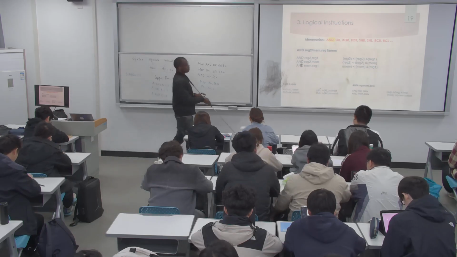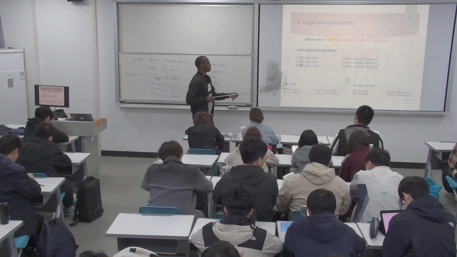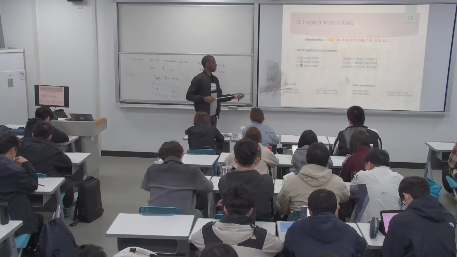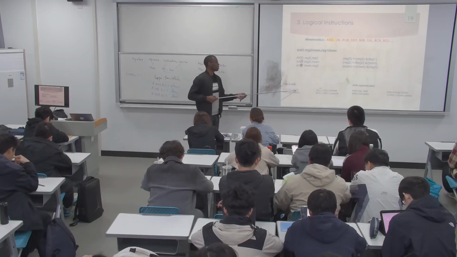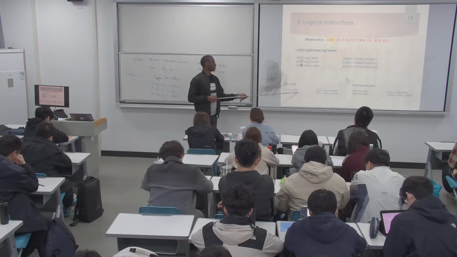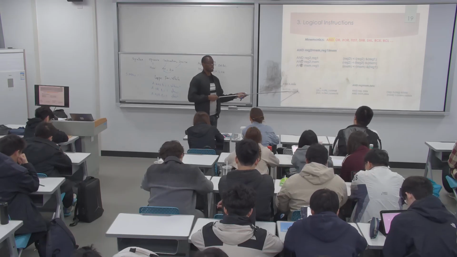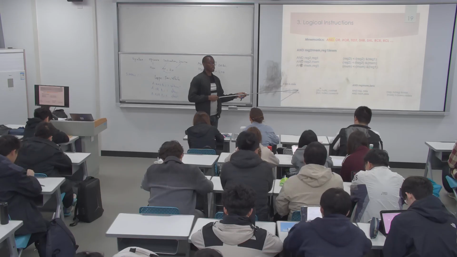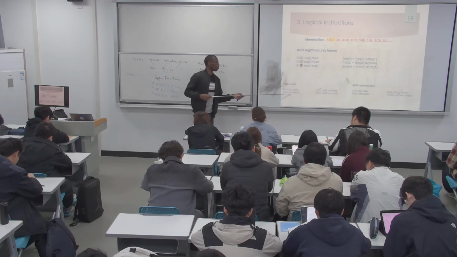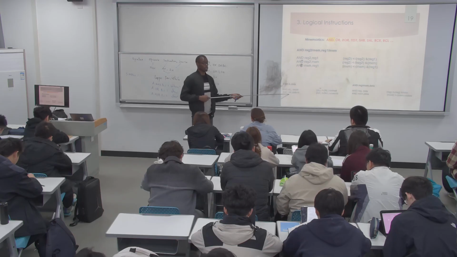Always remember that if you are applying AND to the content in a register and a specific data, this data needs to be the same size as the register. That's why here we have data 8, which means 8-bit data, and this means a 16-bit data because we have a 16-bit register.